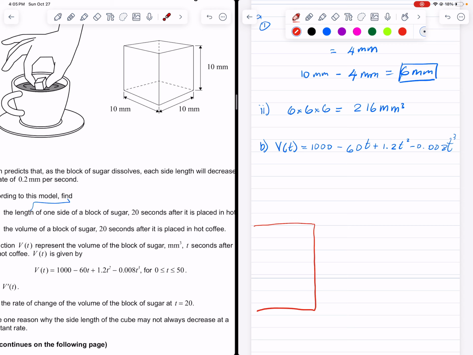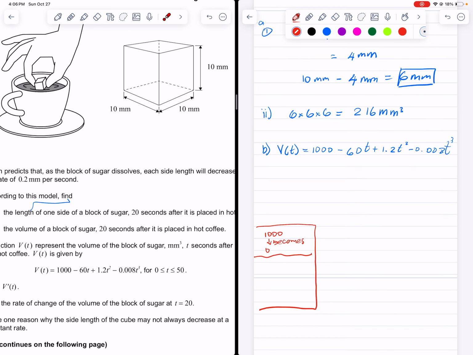And that is the rate at which the volume is changing. Anytime you differentiate a constant, it could be 10, it could be 1,000, anything that does not have a variable, it will become 0 when you differentiate it. So any constant, when differentiated, becomes 0.